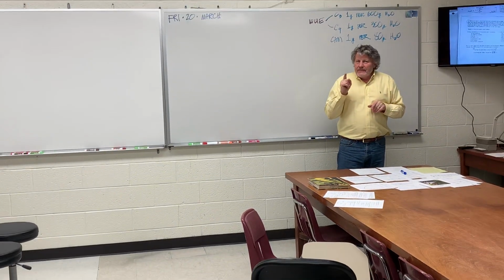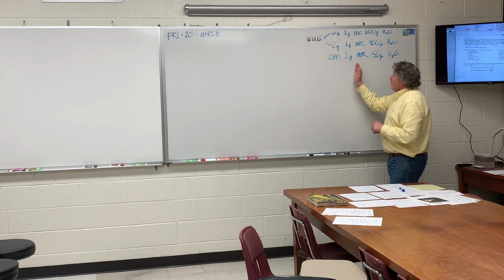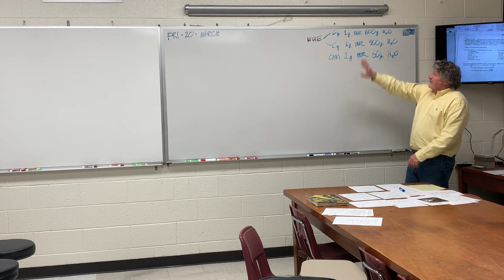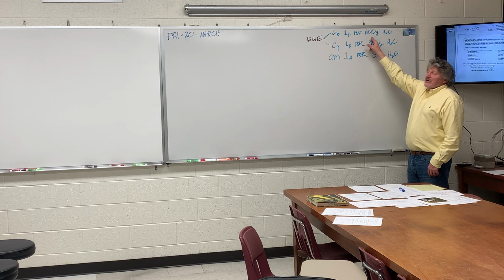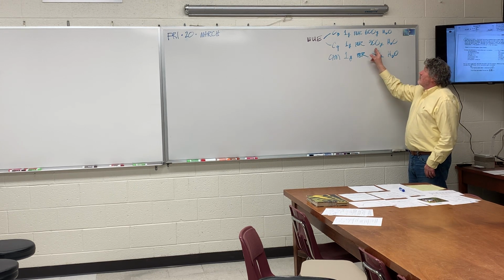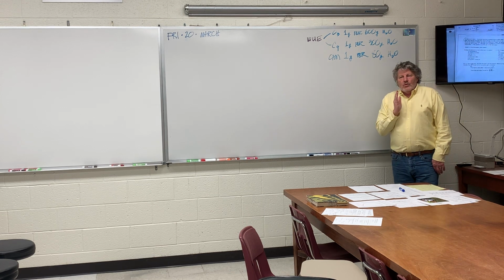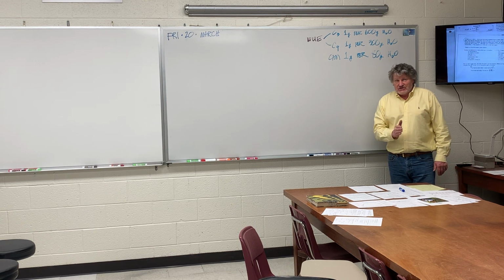So, let's take first water use efficiency. This is from last time. We cleaned the board for a new lecture, but I didn't erase this. 1 gram per 600 grams of water, 1 gram per 300 grams of water, C4, 1 to 80. We can derive these values from the rates of diffusion of gases.